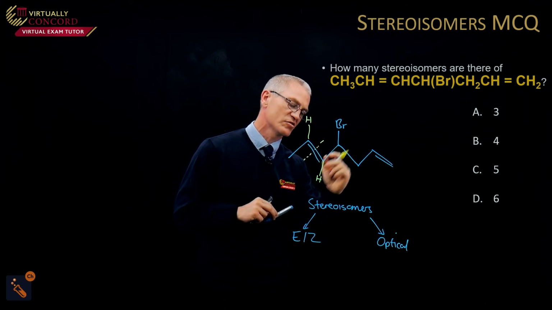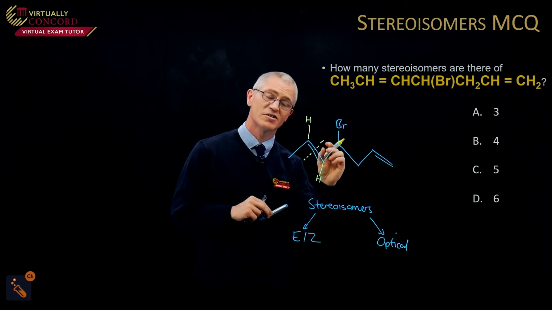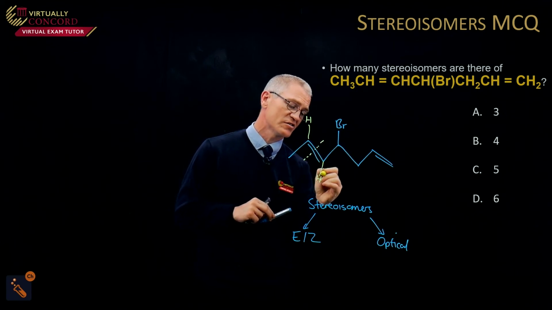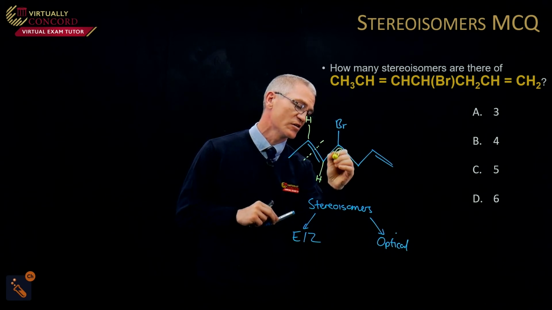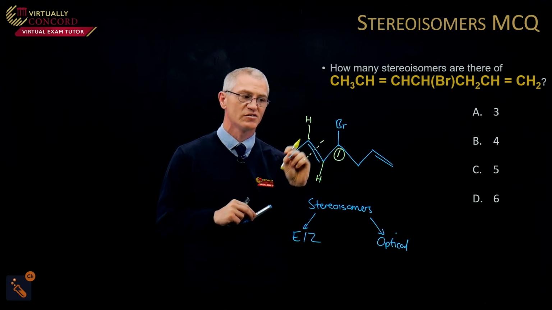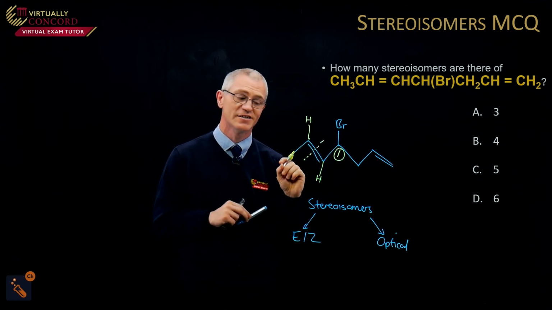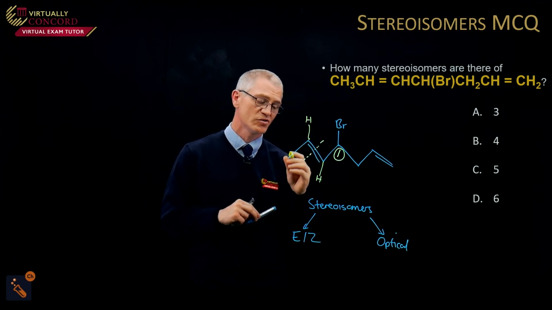Let's prioritise the groups and just say, right, okay, the highest priority group is going to be the one with the highest proton number. So carbon has a higher proton number than hydrogen, and therefore the highest priority group here is that group. And then we look at this side, we say carbon has a higher priority than hydrogen because it has a higher proton number.